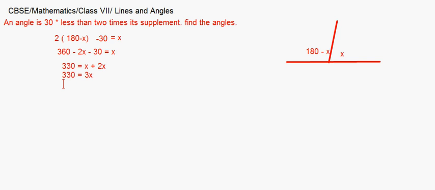So x will be 330 by 3, and that's 110. So the one angle is 110, and the other one will be 180 minus 110, and that's giving us 70. Hope you are following this question.